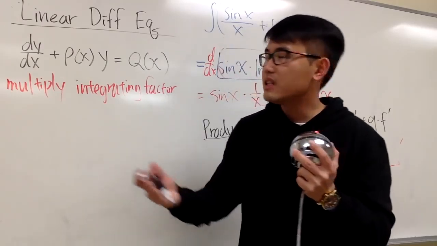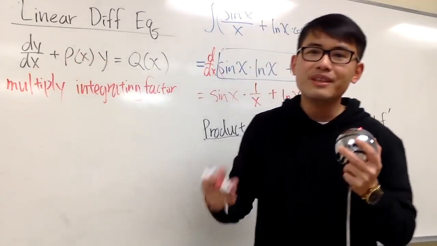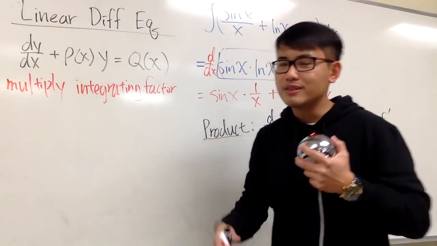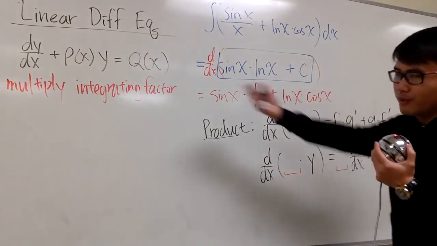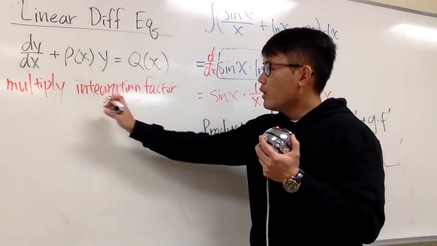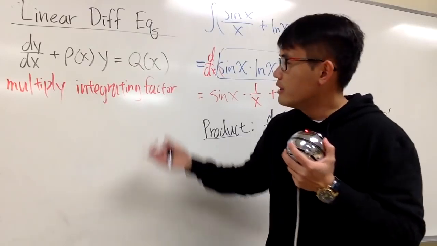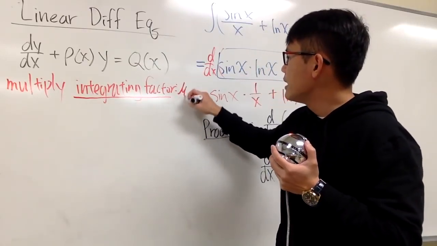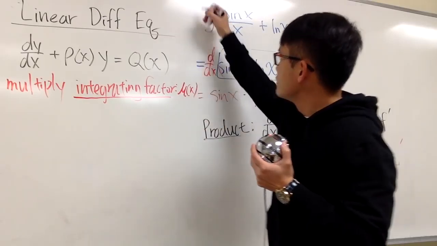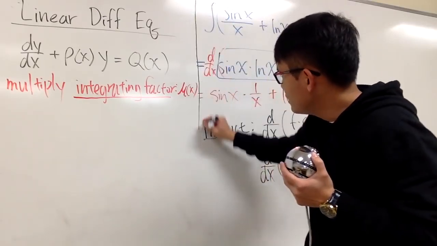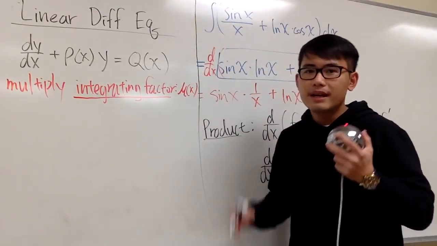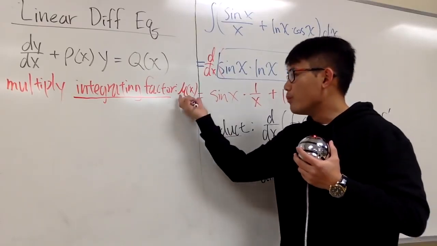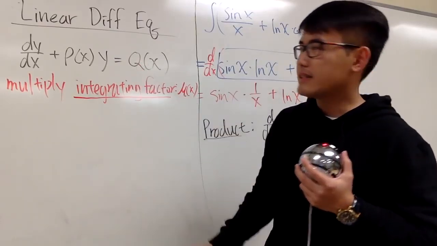So we can force the left-hand side to be the product of two functions, and we have to use the product rule to match that. Well, we are going to use another function, and that's called the integrating factor, and I will label this as mu of x. Okay, so I'm going to kind of just draw a line between this, and this is what we're going to do. We will multiply everything by mu of x.